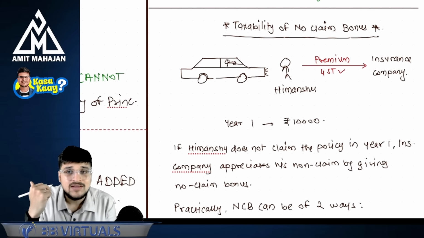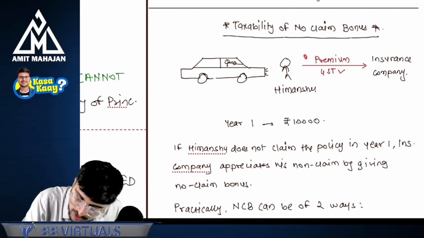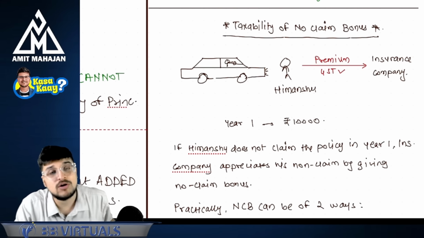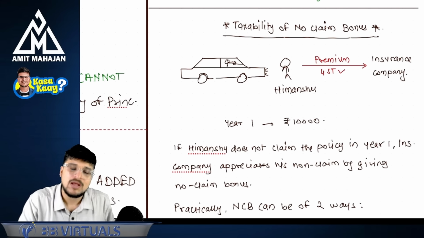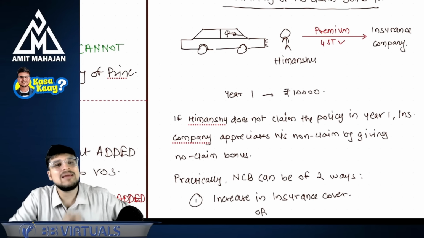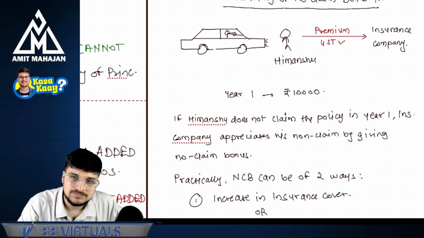Insurance company gets happy. Insurance company says, wow, amazing, there is no claim from the insurance. And that's why the insurance company wants to give some kind of reward to Himanshu. The insurance company says, Himanshu, since you did not claim anything in year one, we want to give you a no claim bonus.